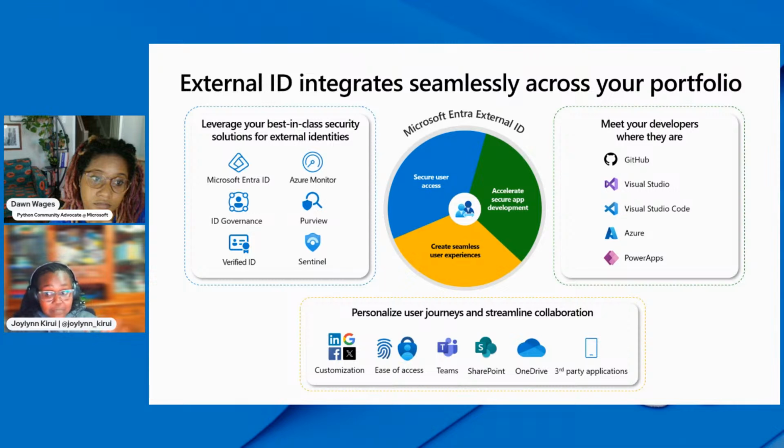Developers are also key implementers when it comes to this solution, but most have limited experience with building identity into applications. So External ID meets developers where they are by integrating seamlessly into DevOps solutions like GitHub, Visual Studio Code, and Power Apps as well.